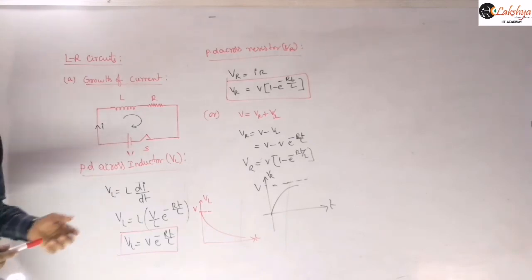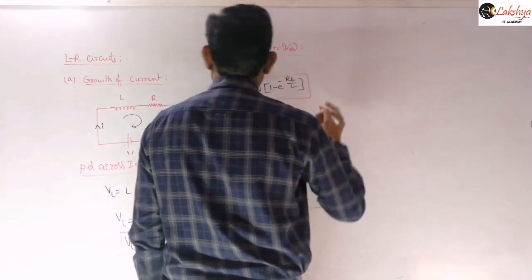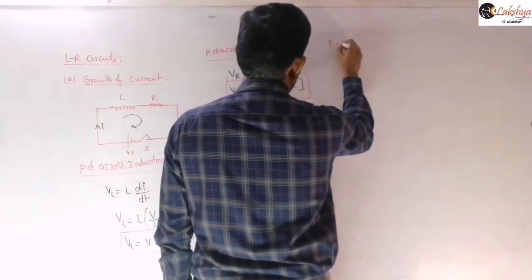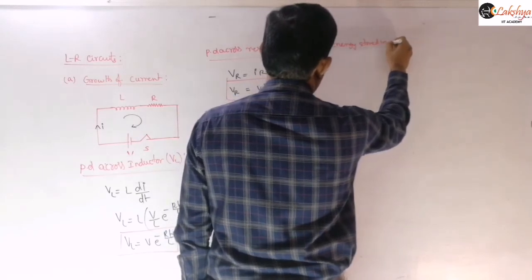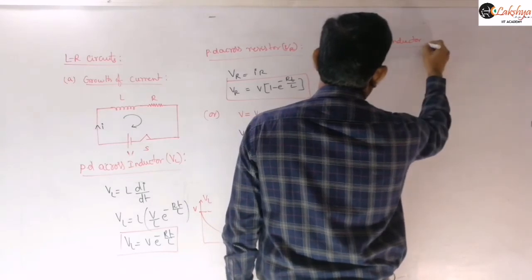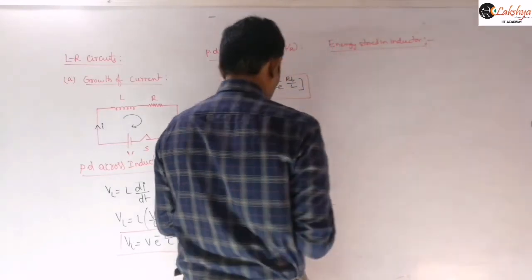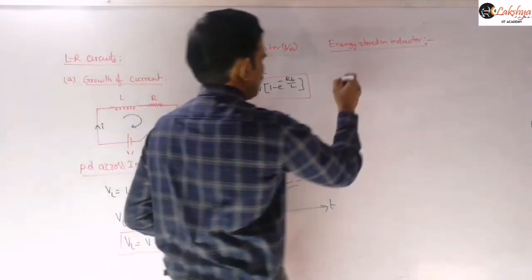And next let us write the energy and power calculations. Next I am writing the energy stored in inductor. You know the energy stored in inductor we mentioned already, the half Li square formula.